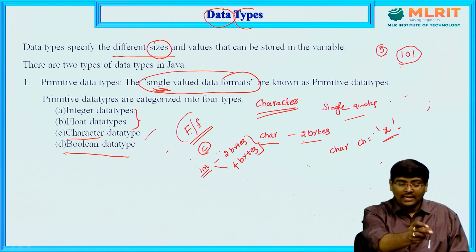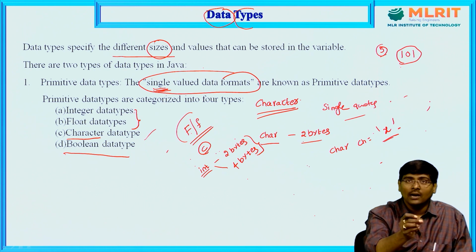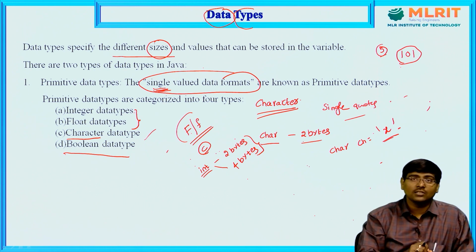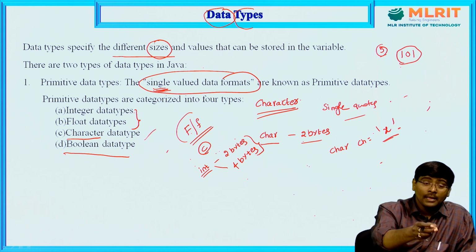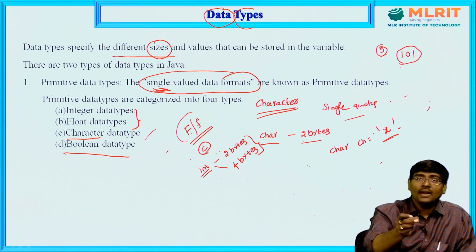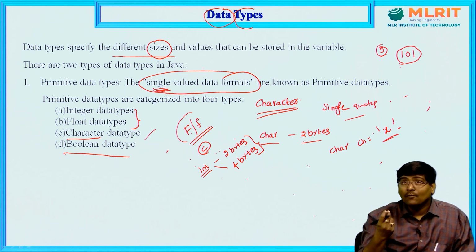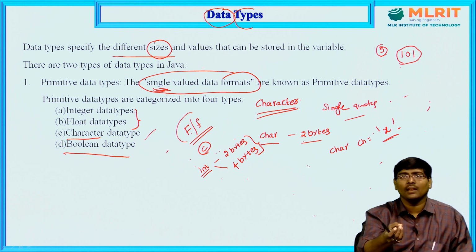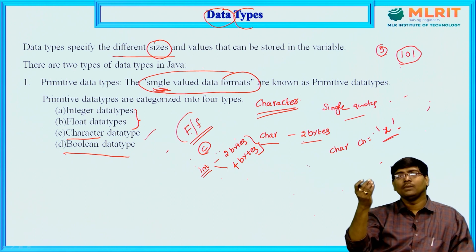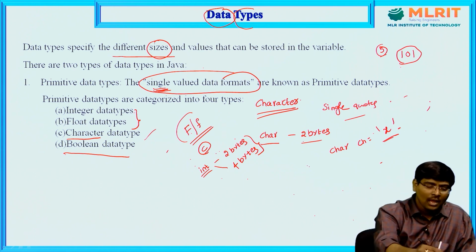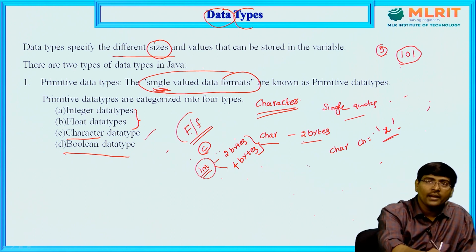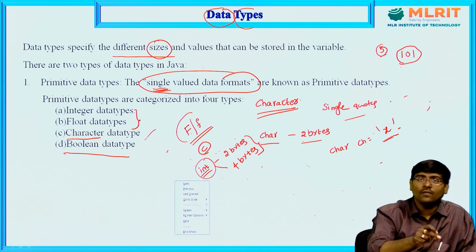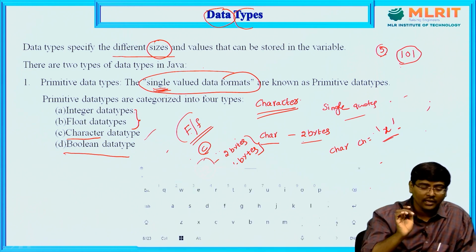The size depends on the operating system, as you discussed in the last session. C is platform dependent, in the sense OS dependent. Depending upon the architecture, the size of the data type varies.